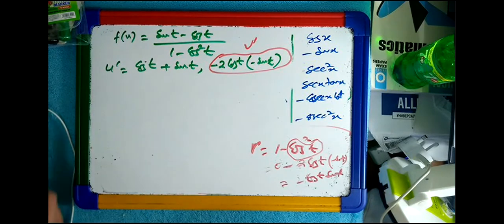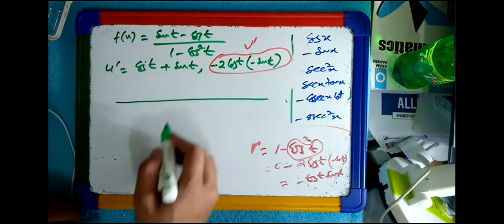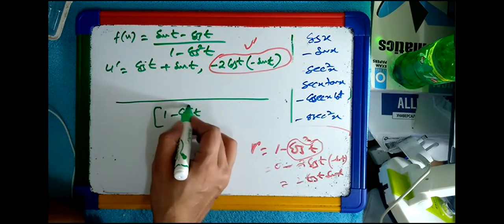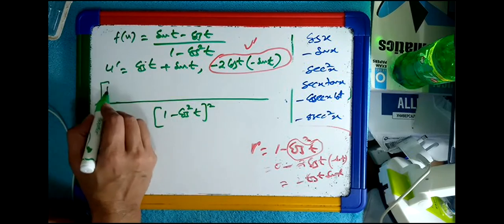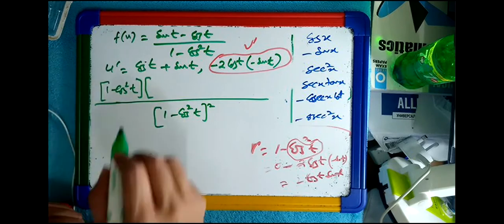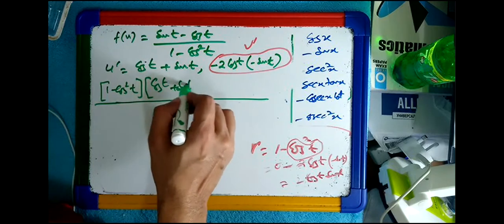So now you will see what we will do. V square means 1 minus cos square t whole square. And here we will write v, 1 minus cos square t, and u dash, cos t plus sin t.